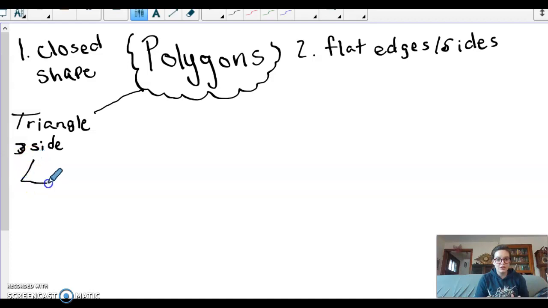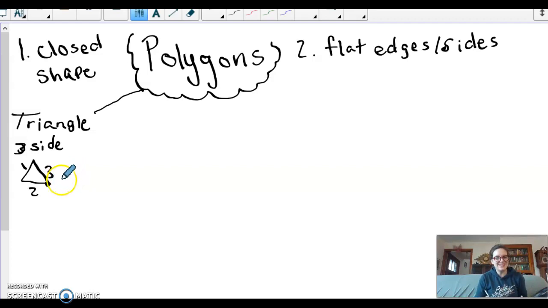So I had to have 1, 2, 3 sides. And remember that those corners were called a vertex, or multiple were vertices, and it should have 3 vertices and 3 sides. That's not the only type of polygon, because really polygon is an old word for many-sided shapes.